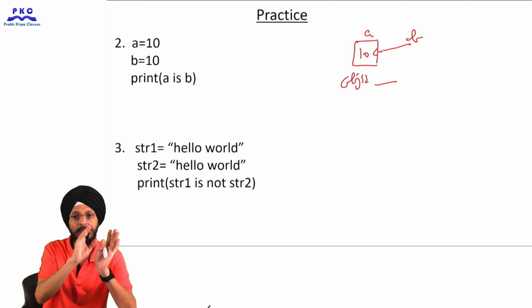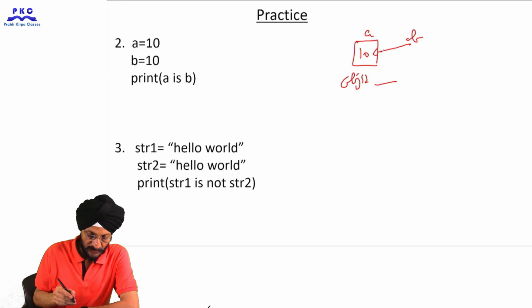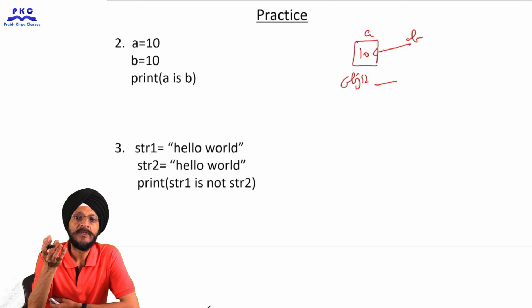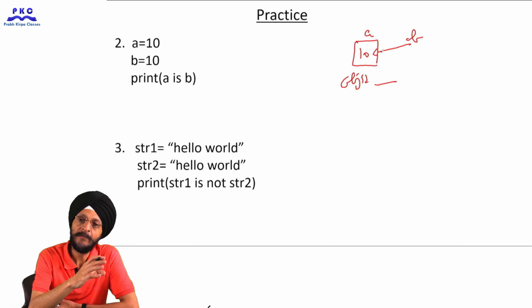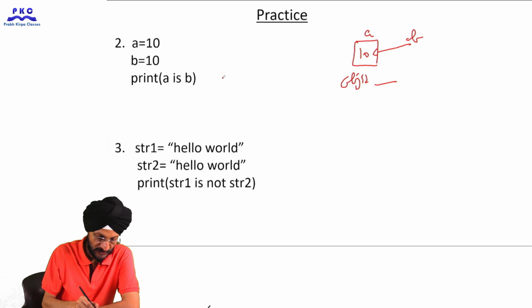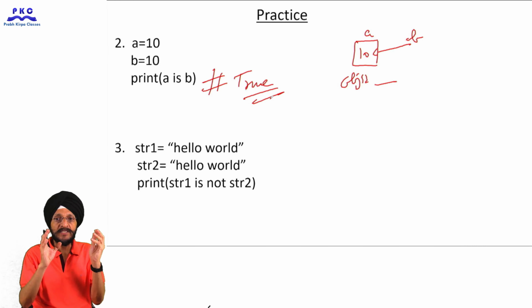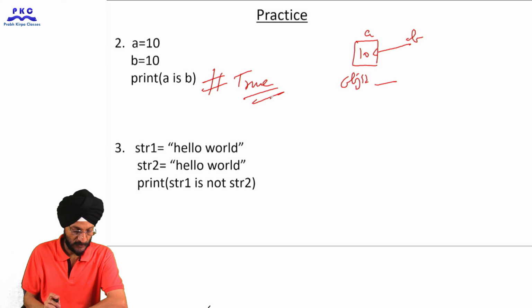That is, the memory address of both the variables will be the same, object IDs will be the same. To conserve memory and to improve the performance, the memory manager allocates the same memory address, same memory location to both the variables. So our answer is true. In the case of Python, small integers are allocated the same memory address if they are having the same value.